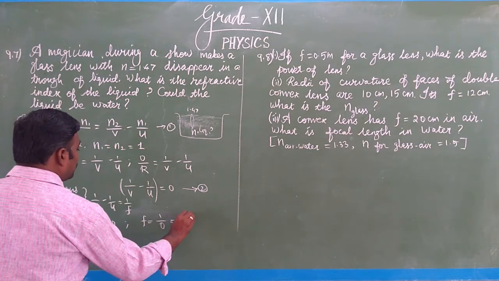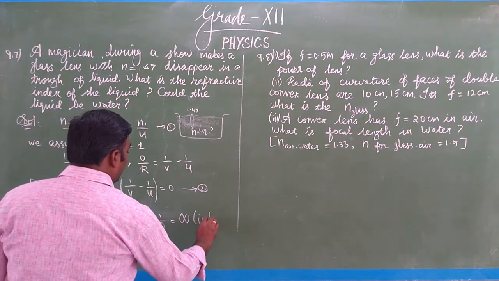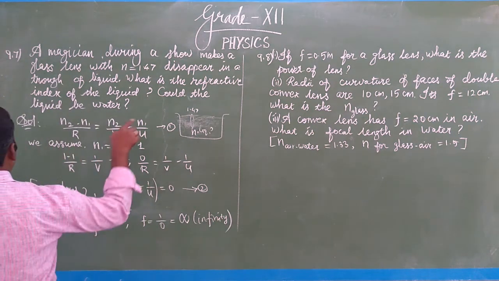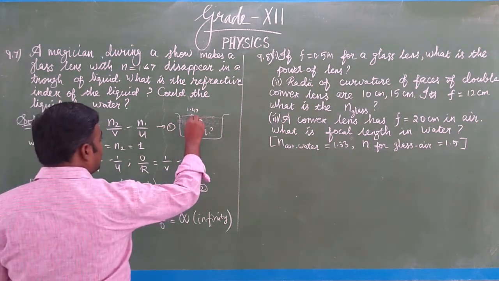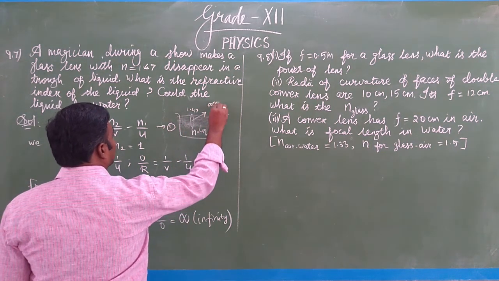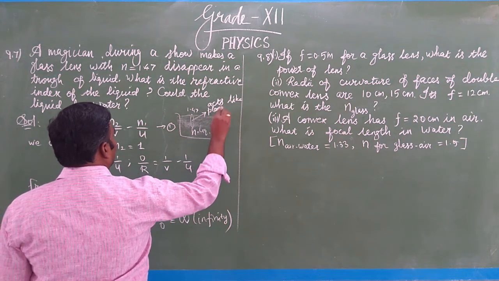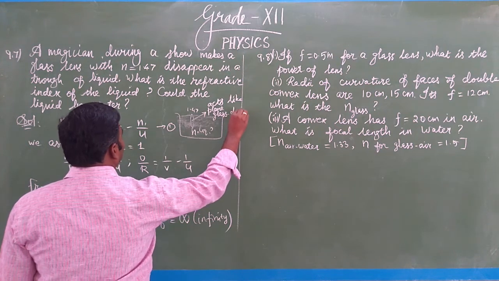Anything by 0 is equal to infinity. So the lens in the liquid acts like a plain glass sheet.